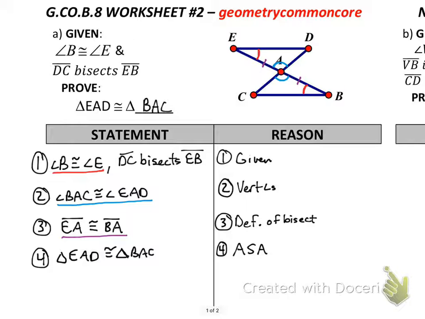All right, and yeah, you can narrow this down by realizing that we have 2 angles and a side. So what that means, it's either going to be angle, side, angle, or angle, angle, side. It's definitely not side, side, side, or side, angle, side. Okay, so yeah, you realize that the congruent side is between our two angles, which tells us ASA, and there you go. QED. We are done.